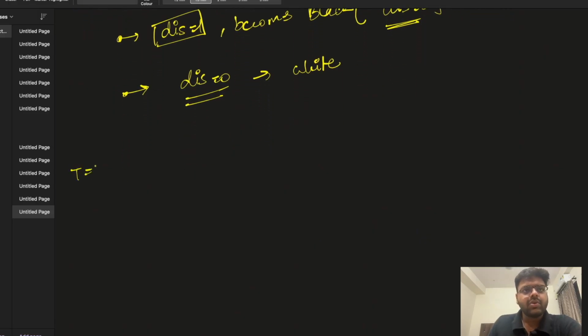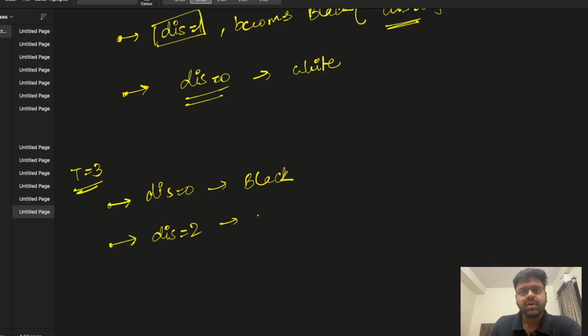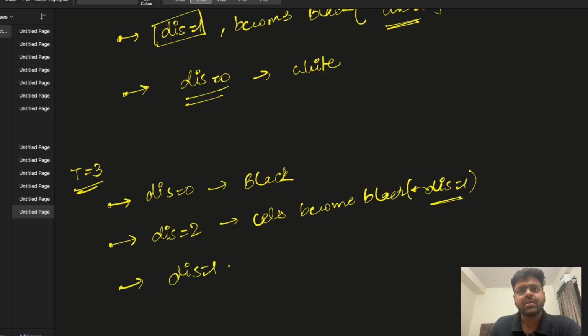If I talk about t equal to 3, distance 0 cells became black again, right, because they are sharing with distance 1, and for distance equal to 2 the cells become black. The reason is the same, because they were sharing with distance 1 cells, right, and distance equal to 1 black cells will change to white, right?